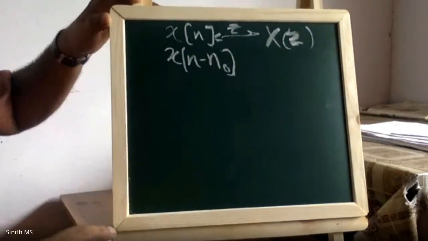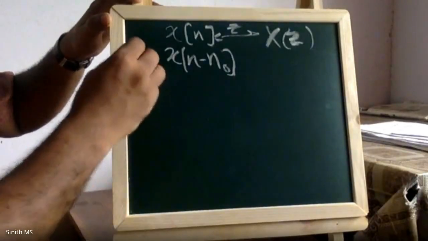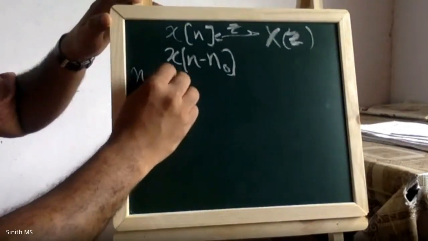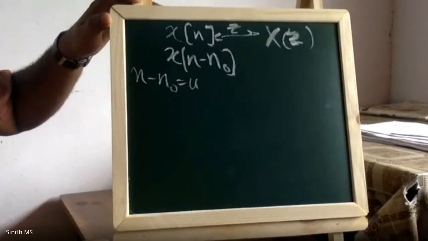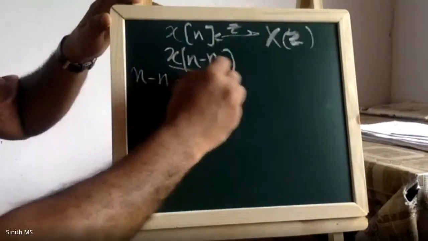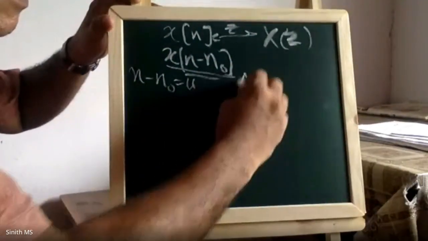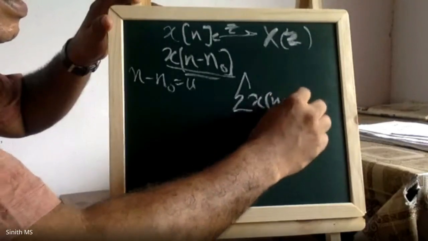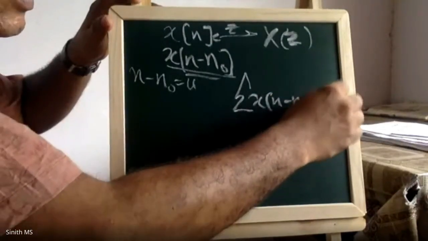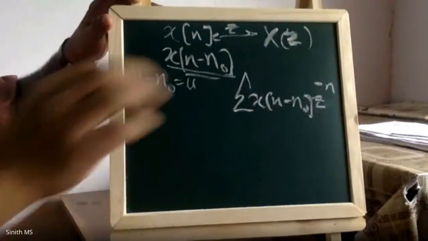So how will you find this? You will put n minus n0 equal to, say, u. Then the Z transform of this one is basically sigma x[n minus n0] z raised to minus n.